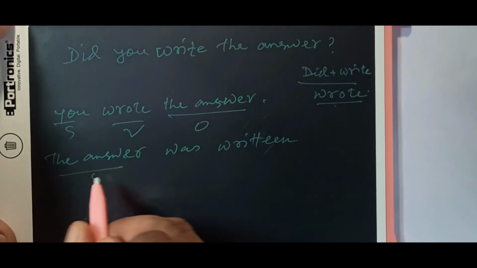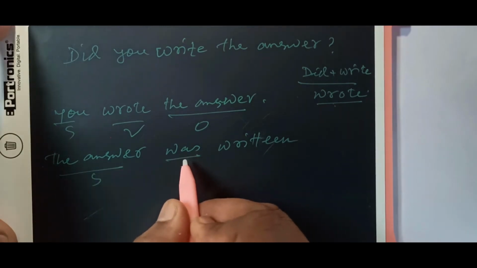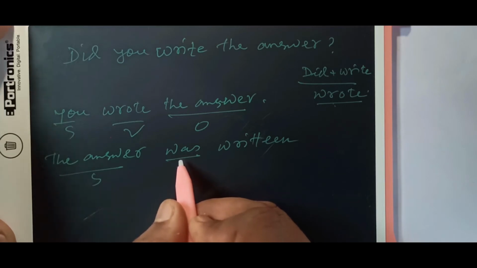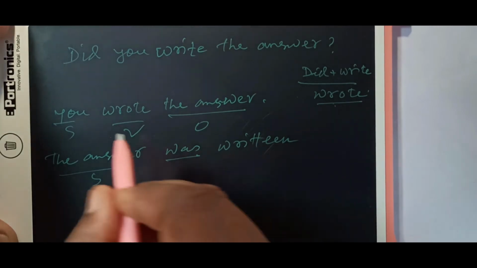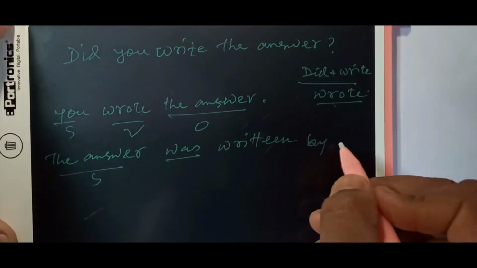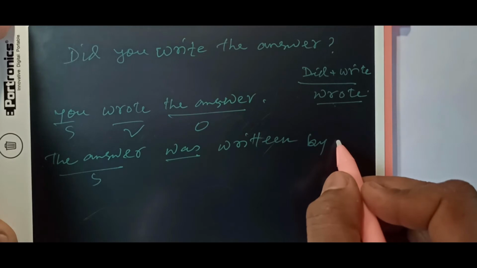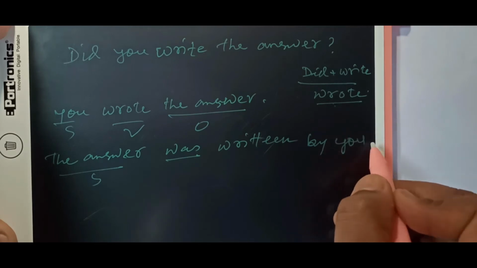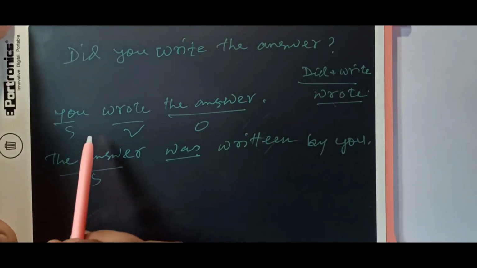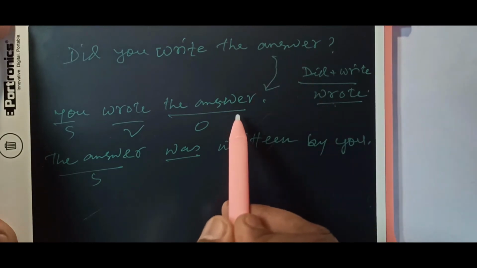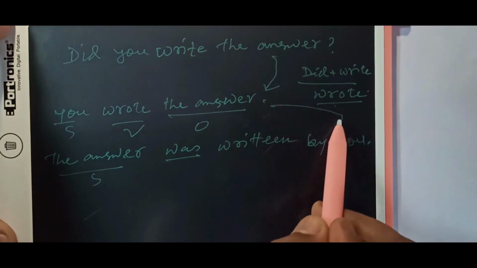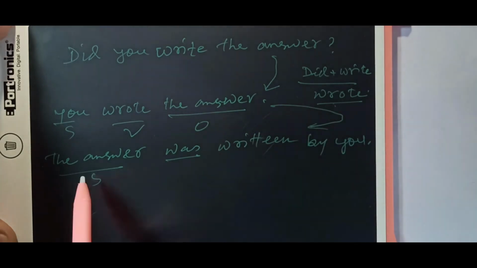The answer is singular, past tense form, the newly introduced auxiliary verb will become was, and then our verb will change to past participle form, and then the preposition comes here and our subject becomes object. So this is how we have changed, first of all, this sentence to assertive, and from the assertive sentence the same one we have changed to passive.